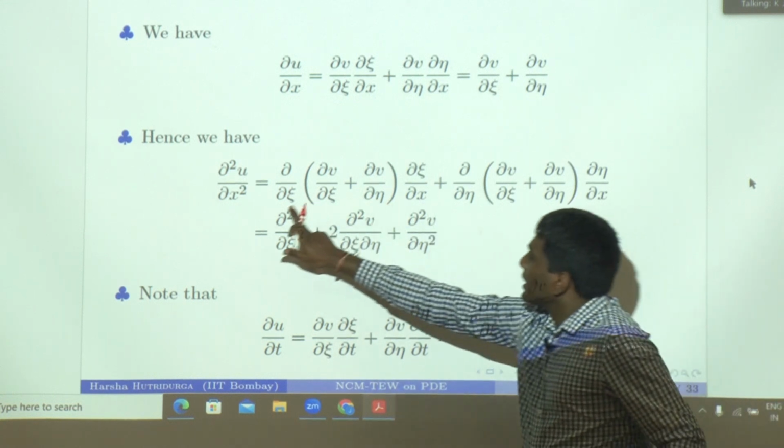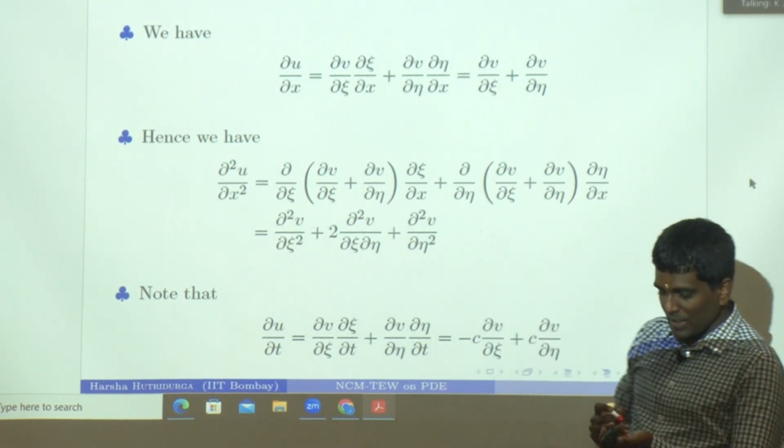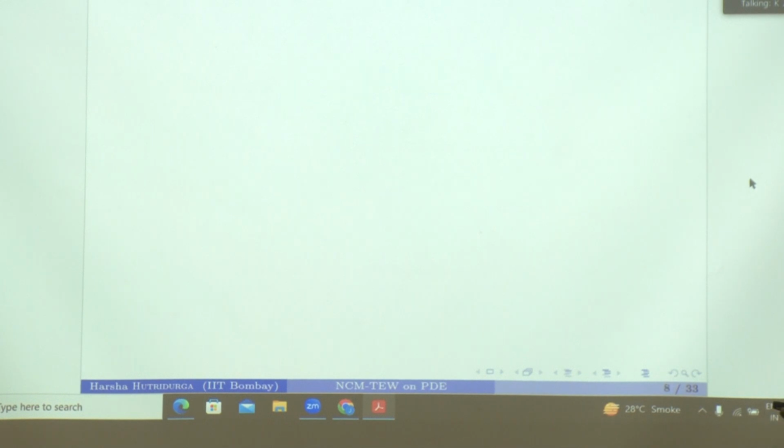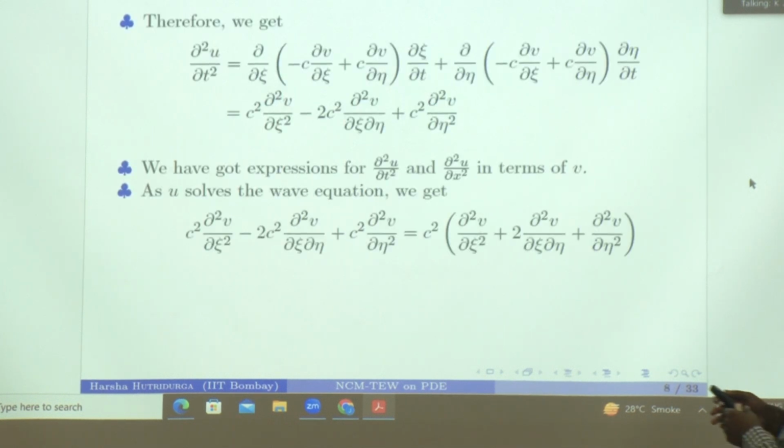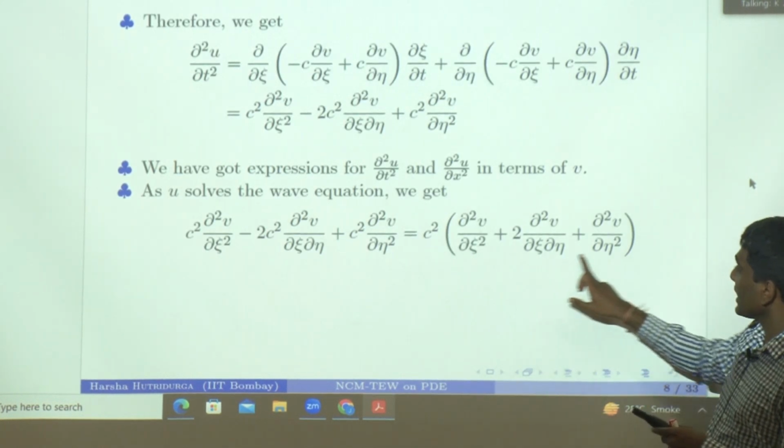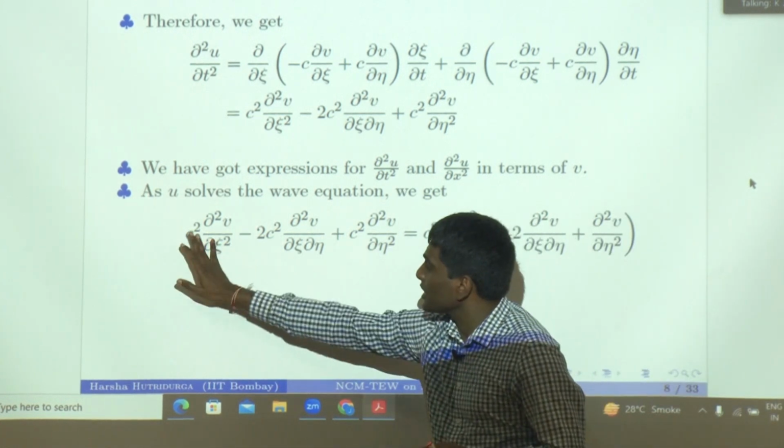So this fellow we have to multiply by c square. It's just a constant. And that's what we have done here. This is c square times the derivative with respect to x, and this is the derivative with respect to time.